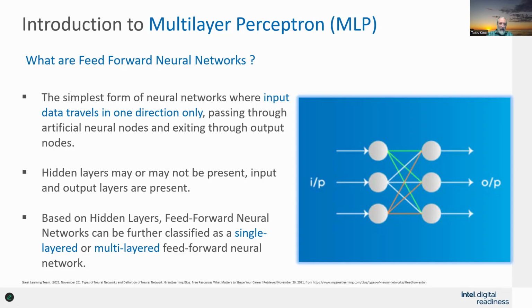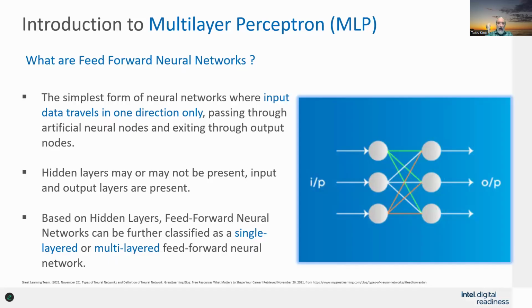We talked about these feed forward neural networks when we talked about machine learning, and that's where your input comes in and the data travels in one direction. It only goes forward through the network. It can't backtrack, right? We may have hidden layers, we may not, but the data is still moving forward. When we are using hidden layers, we can have single hidden layers or multiple ones.